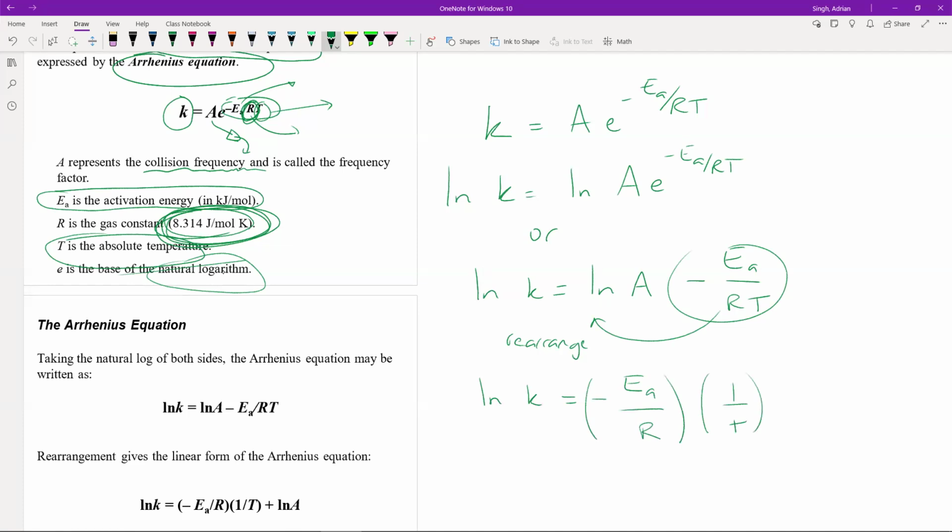The Ea times 1 is Ea, R times T is RT, and that's the same as my negative sign. And then plus ln A.